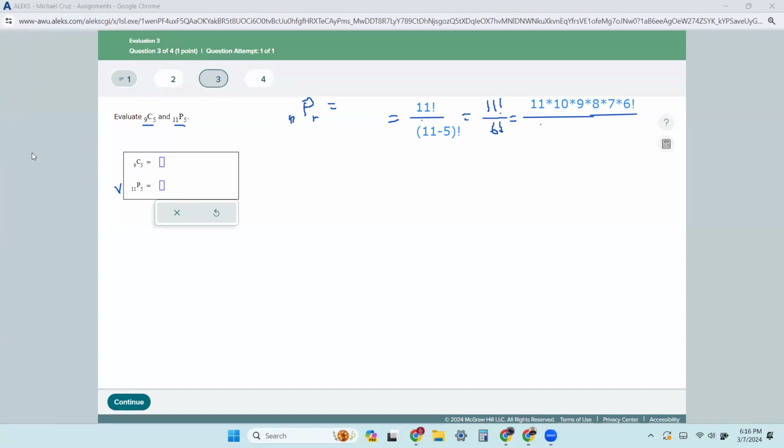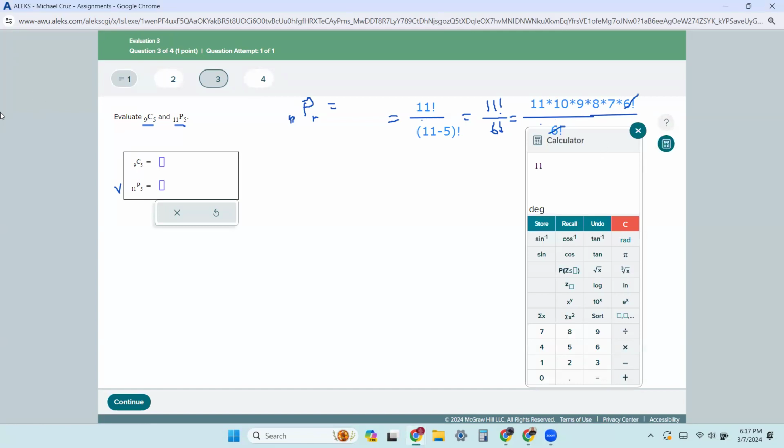And so down here is the 6 factorial. And then we're going to take those out. And so what's left over, we can do with the calculator.